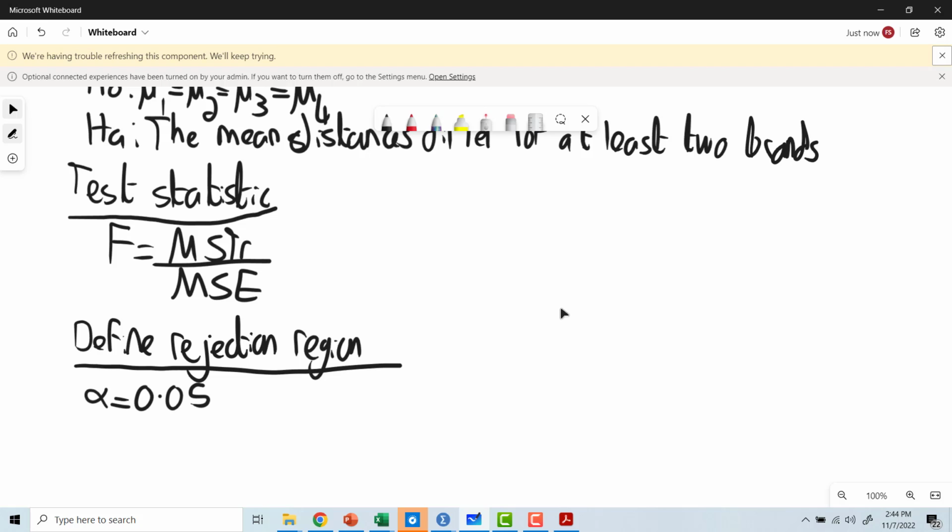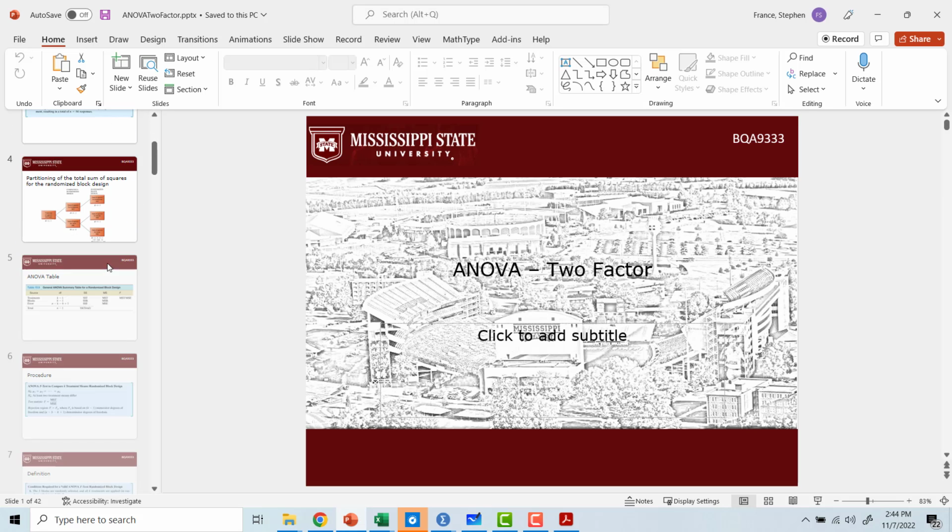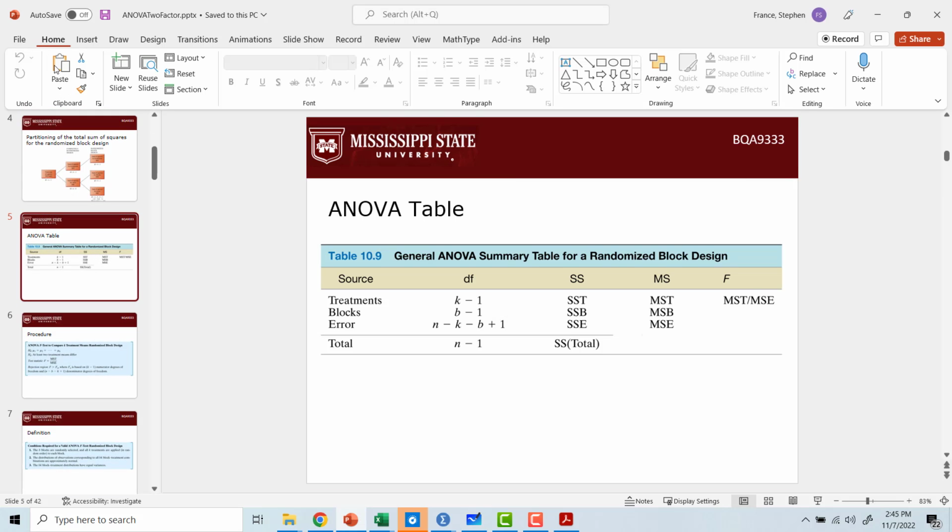Now, the degrees of freedom for this test are k minus 1. And that's the numerator degrees of freedom. Denominator degrees of freedom are n minus k minus b plus 1, where k is the number of factors and b is the number of blocks. And this comes from the ANOVA table that we went over last class.